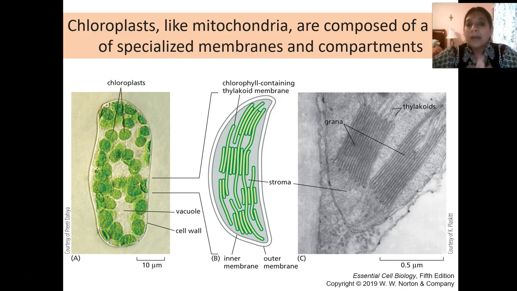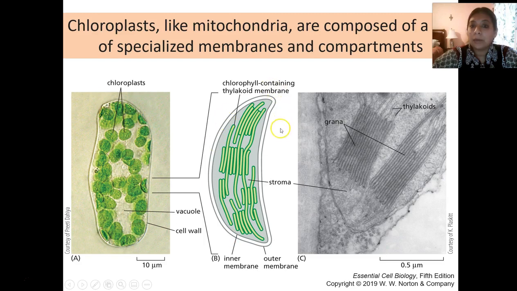So chloroplast, let's look at their structure and how they are organized. You will notice right away that they have some things that are very similar to our mitochondrial structure. So here you again have double membranes. So you have an outer membrane that is facing the cytoplasm or the cytosol.